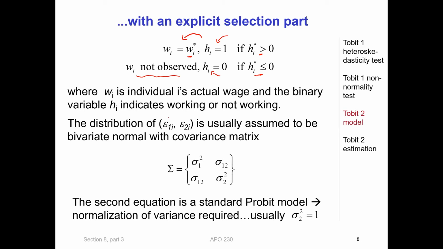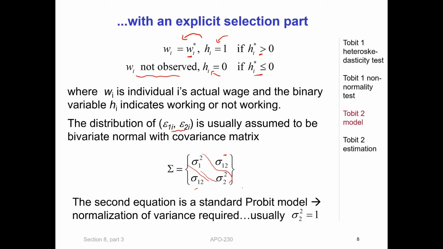Back to here, with the two error terms, usually it's assumed to be bivariate normally distributed, and therefore they have a covariance matrix with the main diagonal being the variance of the two error terms, and the other two are the covariance, okay? That we know already.